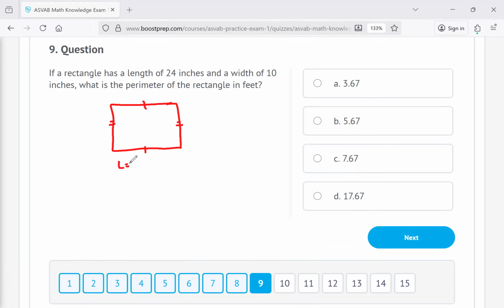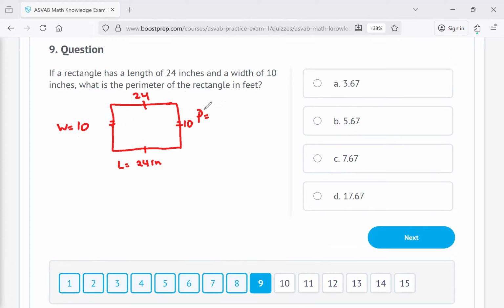So this side could be your length, which is 24 inches, and this side could be your width, which is 10 inches, right? So we want to find the perimeter. Basically you add up all the sides. So this is 10, and this side is going to be 24. If you add up all those sides, you'll get your perimeter.